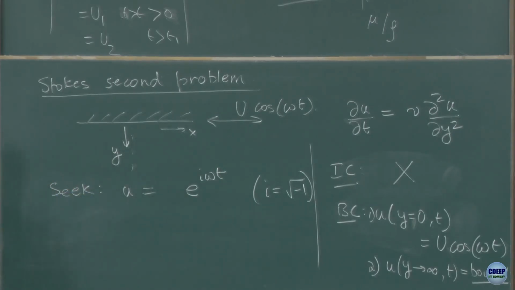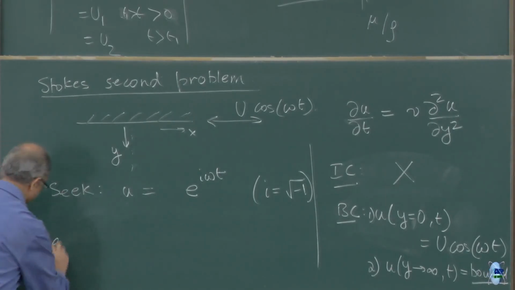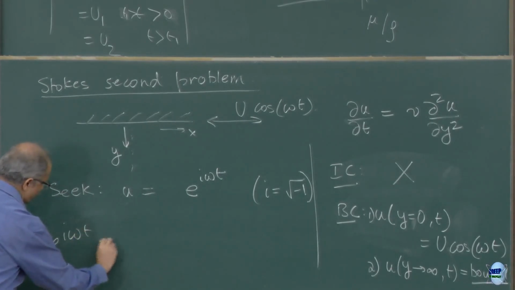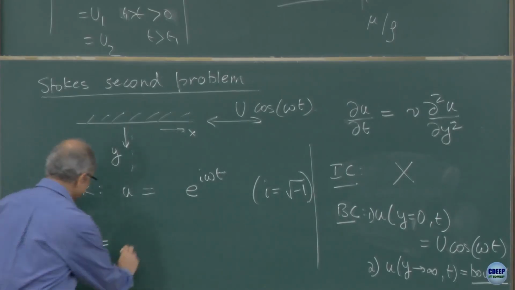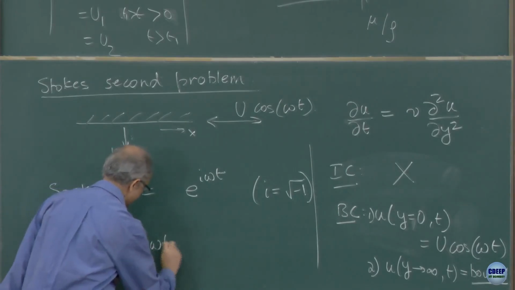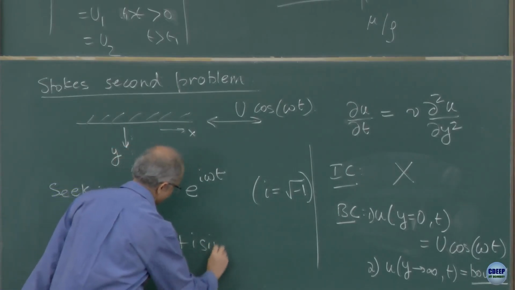The property of this exponential is that it is equal to cos omega t plus i sin omega t.